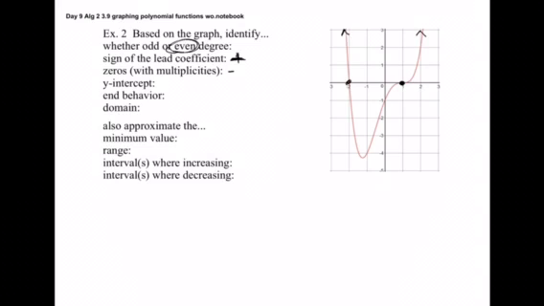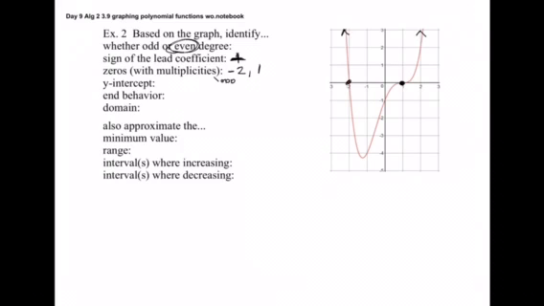So we have a zero at negative 2 and 1. So when we look at both of these, we see that they cut, so their multiplicity is going to be an odd number. It could be 1, it could be 3, 5.